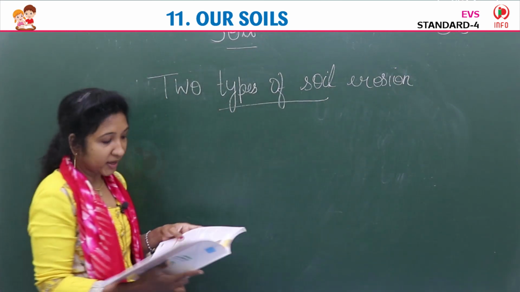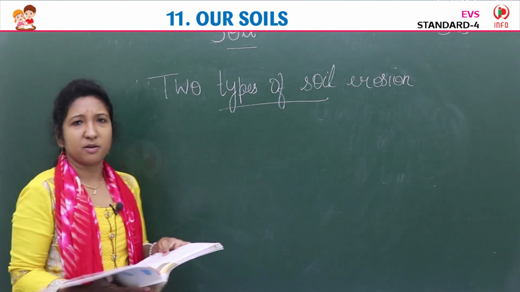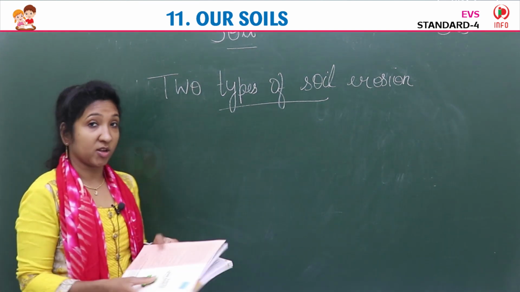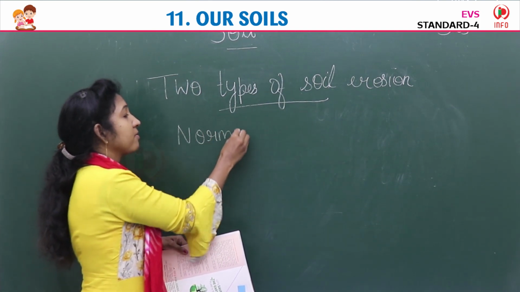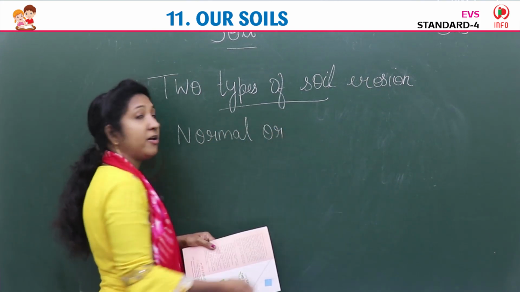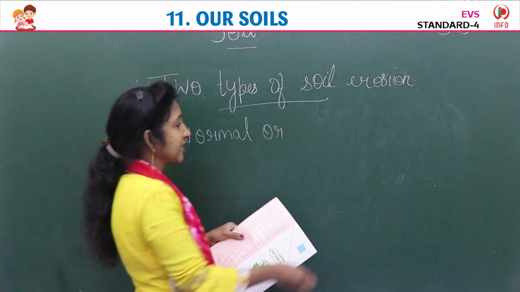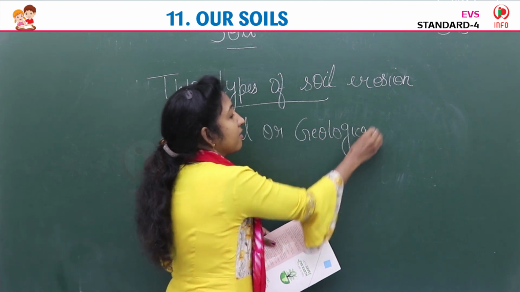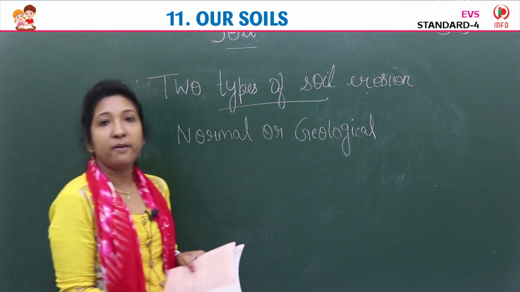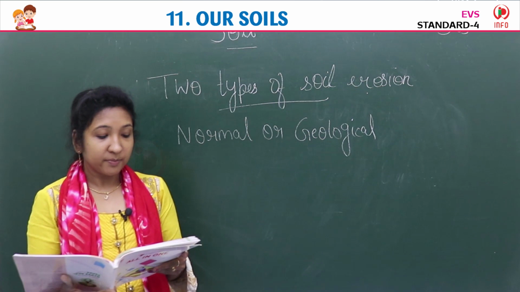Two types. Okay. One is normal or geological erosion. Let's see what that is.